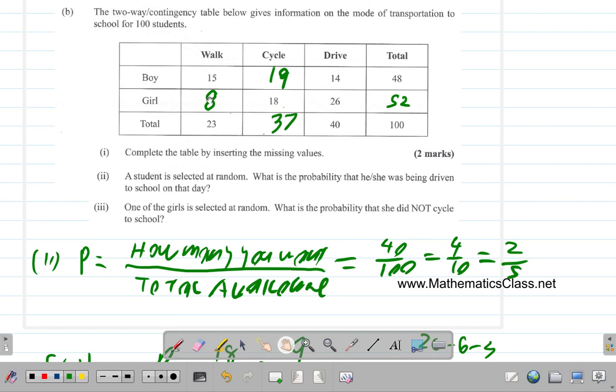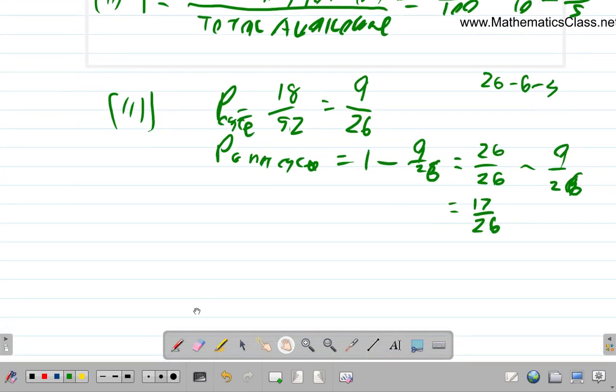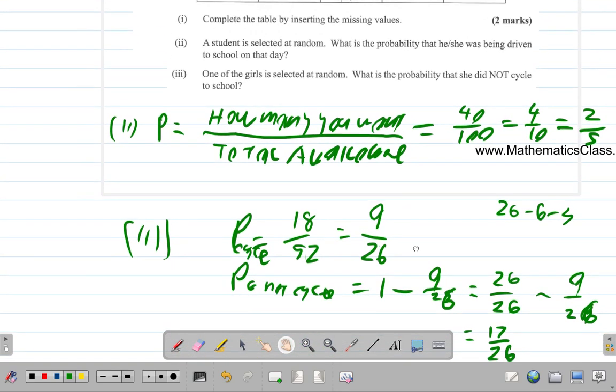So 26 and 8 is 34 who don't cycle, out of a total of 52. So 34 over 52. 2 into 34 is 17, because 17 by 2 is 34, and 2 into 52 is 26. So you get the same 17 over 26. So you see, whichever way you want to do it.